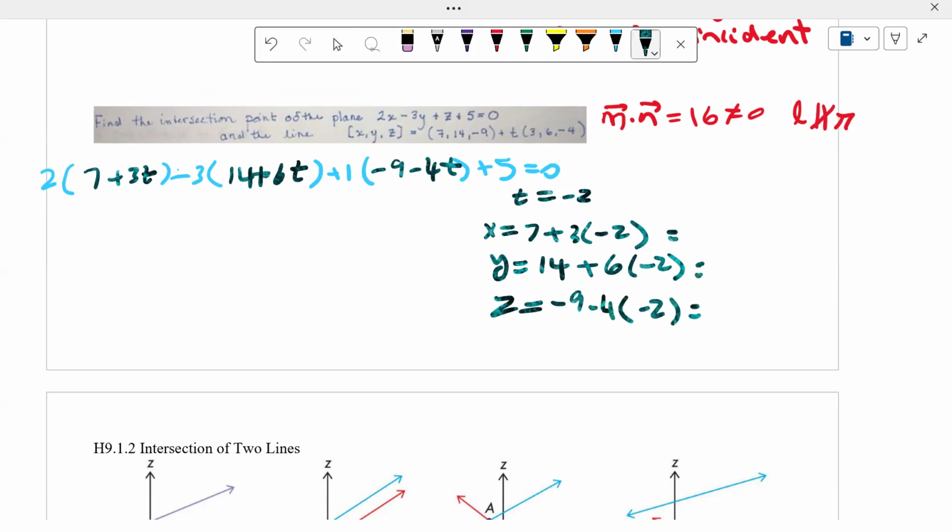These numbers are 1, 2, and minus 1. So the point of intersection is 1, 2, and minus 1.